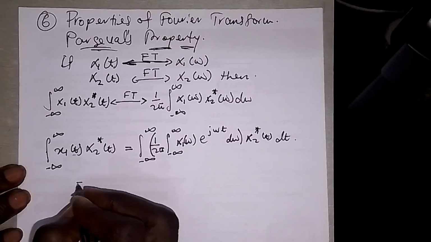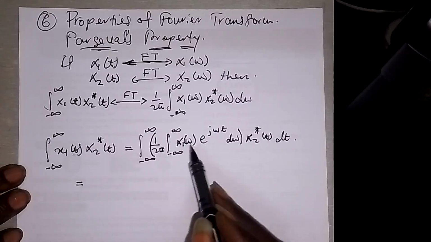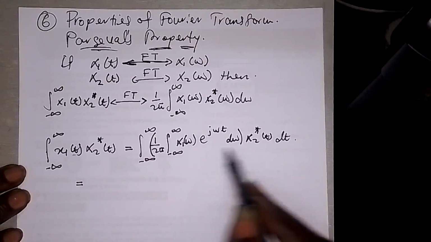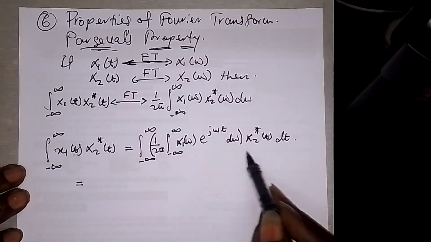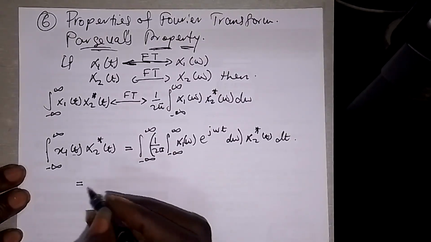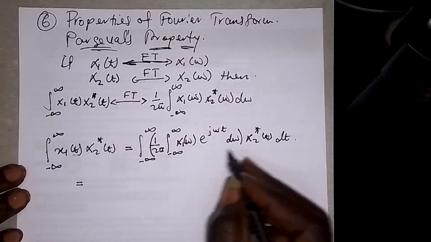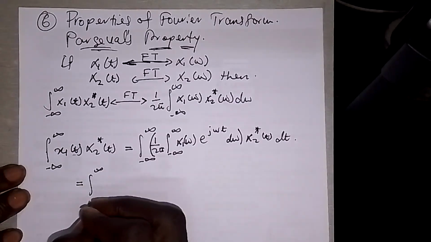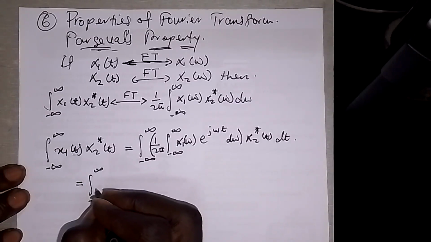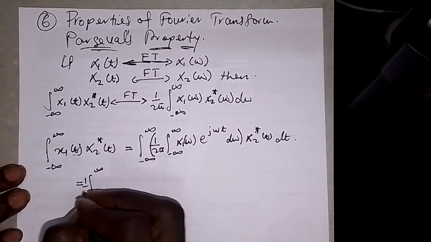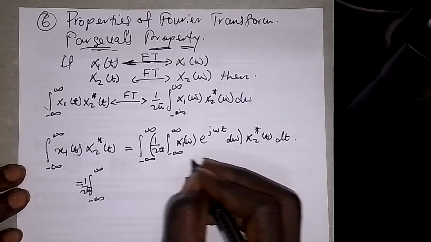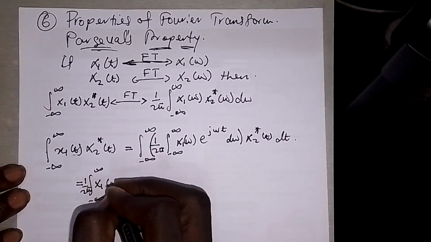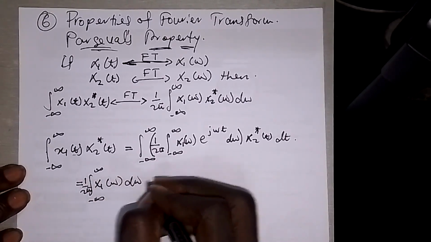Okay, so now if I have that, what is it going to give me? I can rewrite these terms in clearer terms, to separate the integrals. So I can have the integral from minus infinity to infinity, and then my 1 over 2 pi, and then my x1 of omega, d omega can come here.